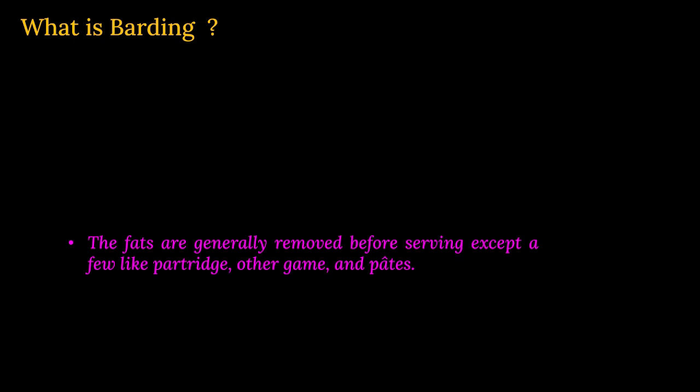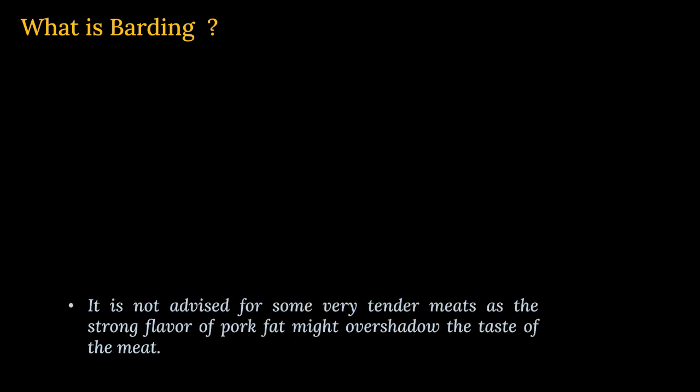In normal cases, this layer of fat which is covering the top is removed before serving, but in some cases like partridge, game birds and some other parts, we can always use it at the time of serving as well.